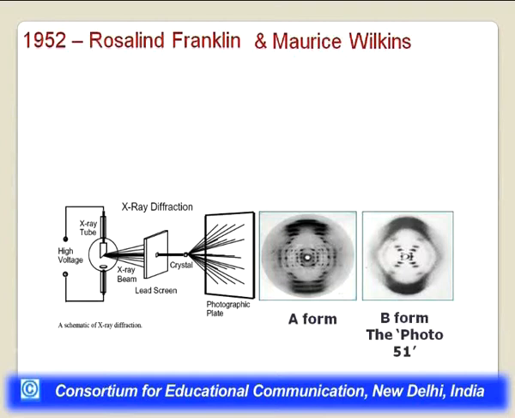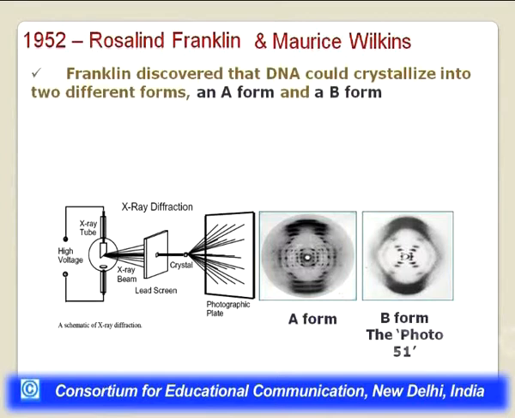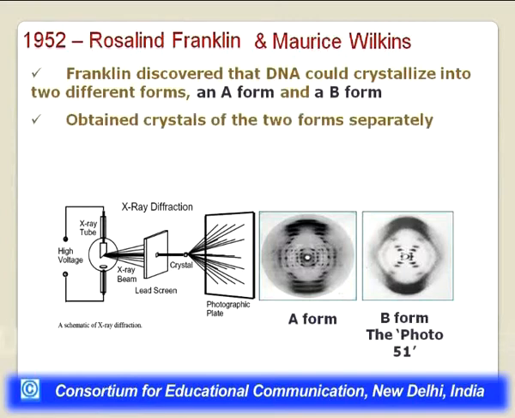In that series, the final nail in the structure came from the Rosalind Franklin and Maurice Wilkins experiments in 1952. The technique which they used was termed X-ray crystallography, and Franklin could discover that DNA could crystallize into two different forms, an A form and a B form. We'll talk more about these multiple conformations later in our lecture.